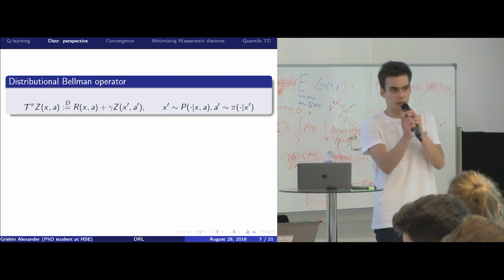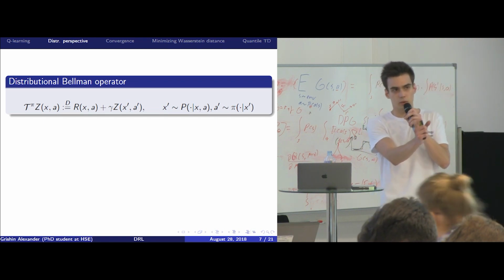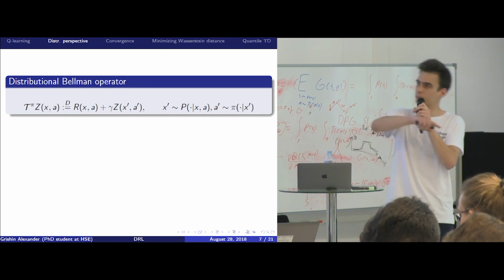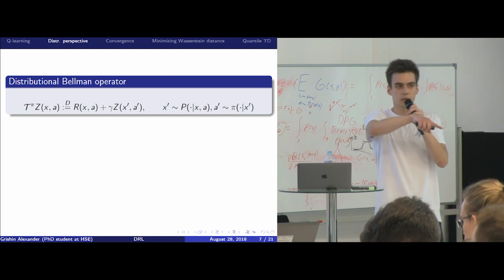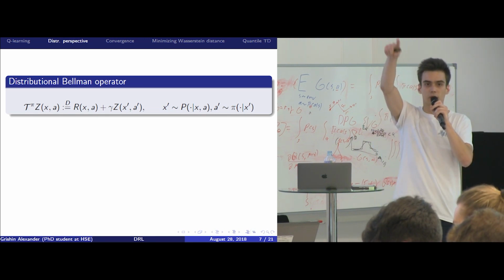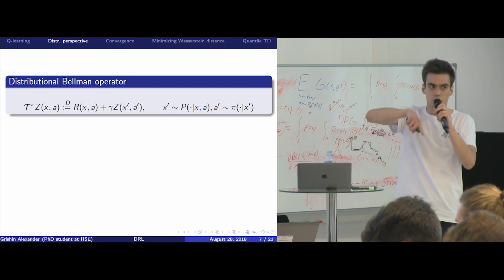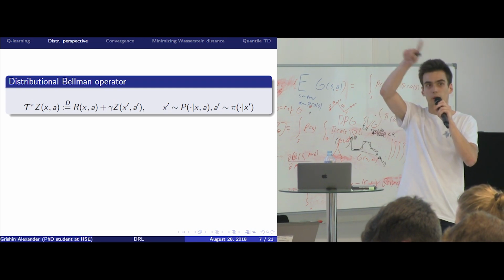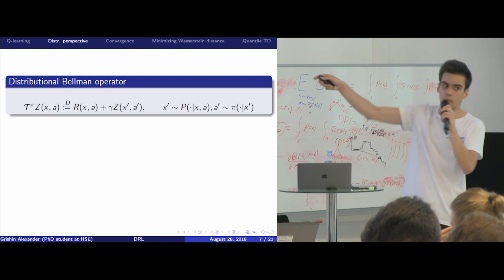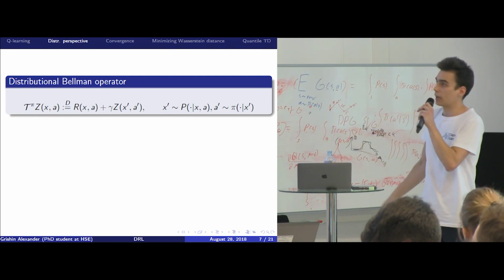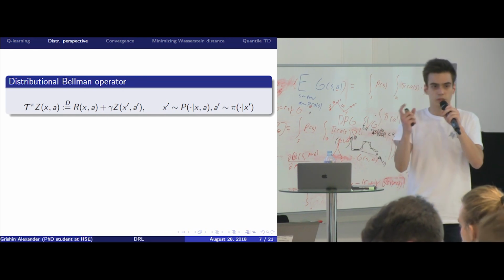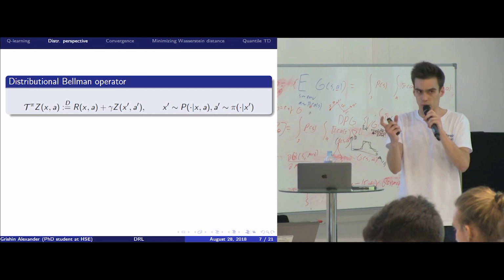We have a state and action, then after that we can get some different states, and we can do some different actions in these states. So we have many possible outcomes of subsequent state action pairs, x prime, a prime. And in each of those pairs, we have a distribution of reward.